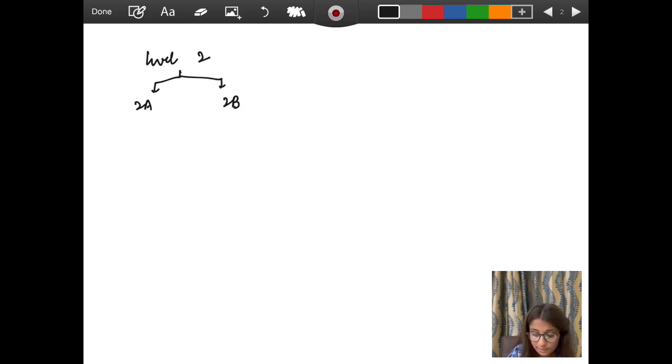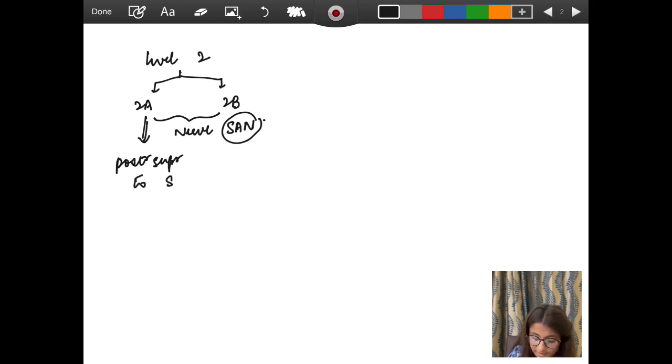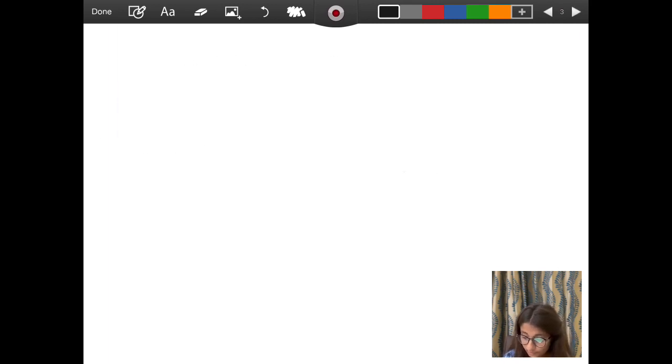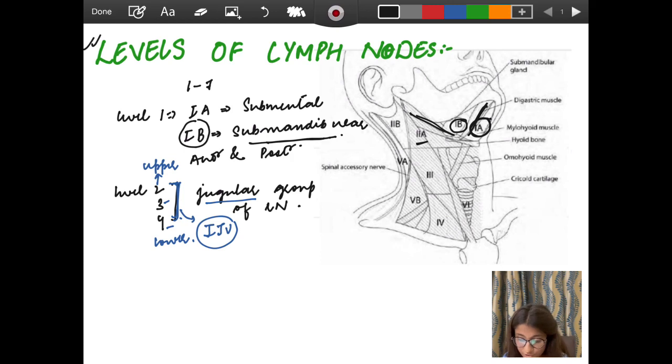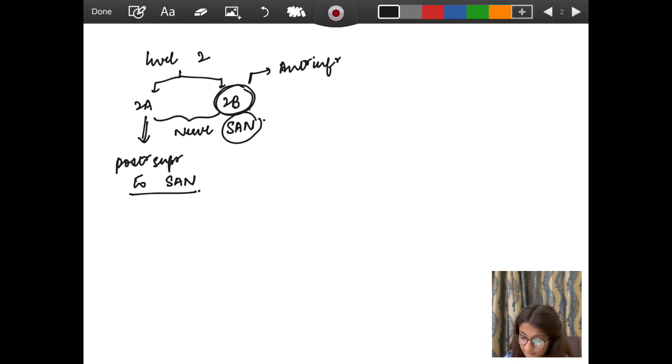It is subdivided by a nerve called the spinal accessory nerve. 2A is the group of lymph nodes present posterior superior to the spinal accessory nerve, and 2B is present anterior inferior to the spinal accessory nerve.